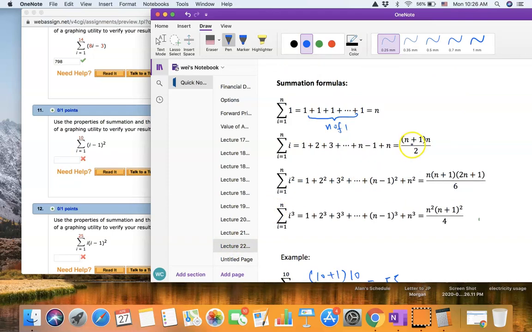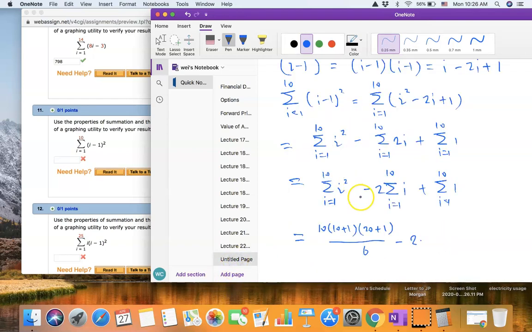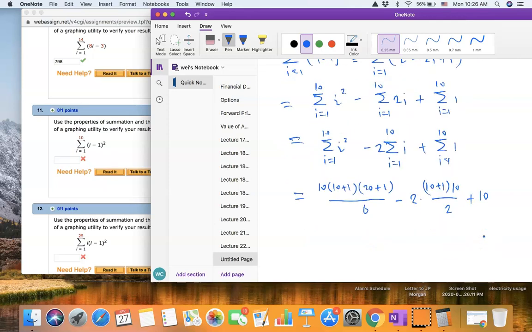We use this formula, so that's 10 plus 1 times 10 over 2. And the summation of 1 equals 10. So this is 10 times 11 times 21 over 6 minus 2, and 2 are cancelled, minus 11 times 10 plus 10.